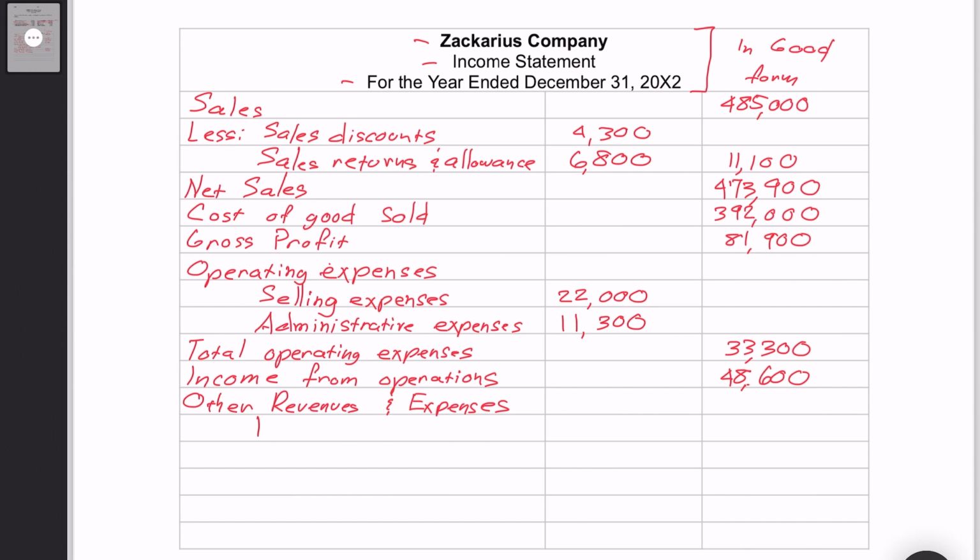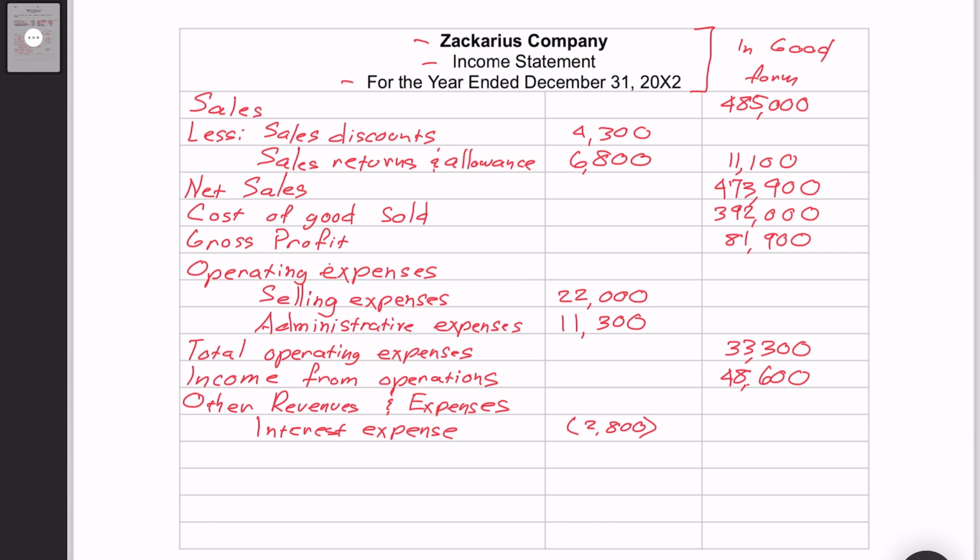So we've got our interest expense. And since this is a subtraction from our income, I'm going to put it in parentheses. $2,800. Now we had other sections where items were subtracted, but we didn't put them in parentheses. The parentheses are unique to the other revenue and expenses section.